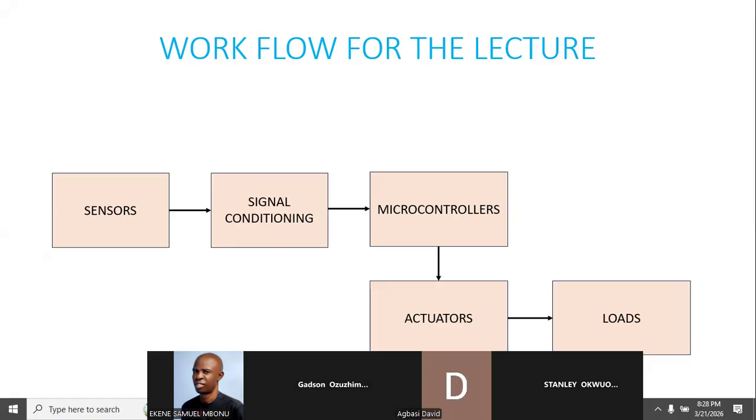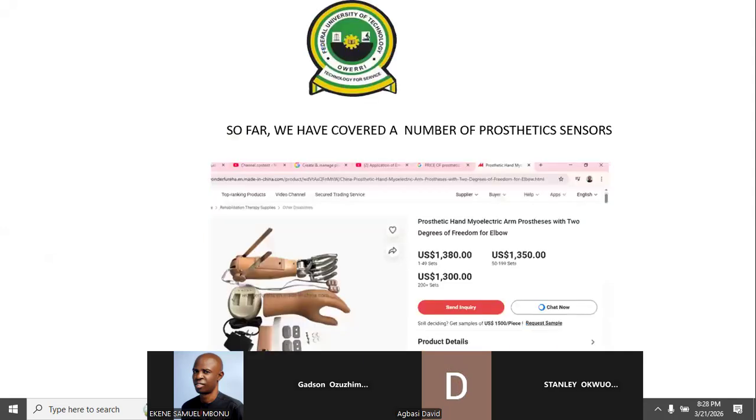I think we take presentations from people in mechatronics, students from mechatronics and medical engineering. So the workflow for today's lecture will be sensors, signal conditioning, microcontrollers, actuators, and the loads. Specifically today we'll be concentrating on microcontrollers.